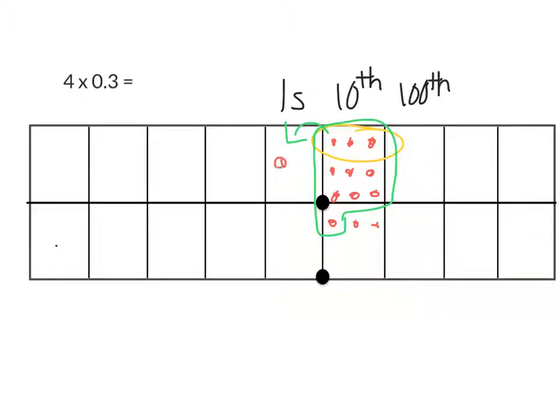And so now I have 1, because 10 tenths is equal to 1. If I look at my place value chart, now I can see that I have 1, I have my decimal point, and what I have remaining in my tenths place that has not been bundled is 2 tenths. So when I multiply 4 times 3/10, my product is 1 and 2 tenths.